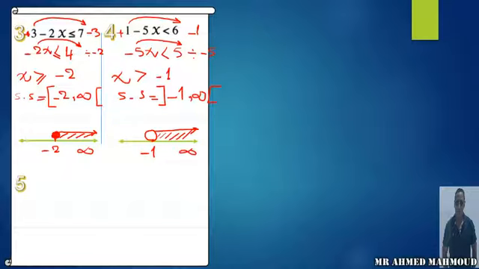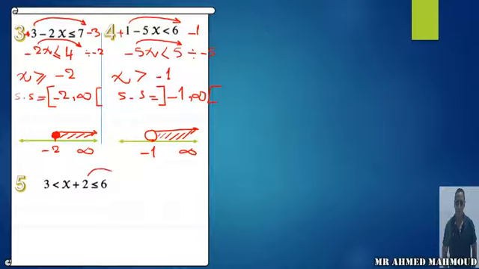The next one, number 5. Now we have an inequality with 3 sides. In this one, the main side is the middle side. Then I'm going to cancel the numbers in the middle, the number with x in the middle. Now we have plus 1, plus 2.